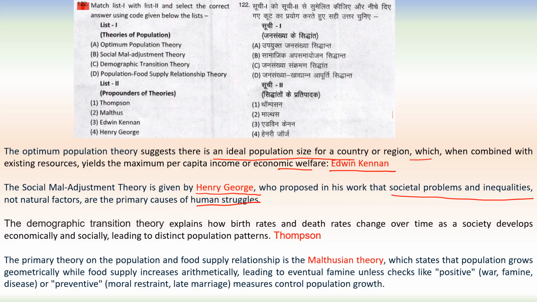Third one, the demographic transition theory, explains how birth rates and death rates change over time as a society develops economically and socially. So that leads to distinct population patterns, and this theory is given by Thompson.